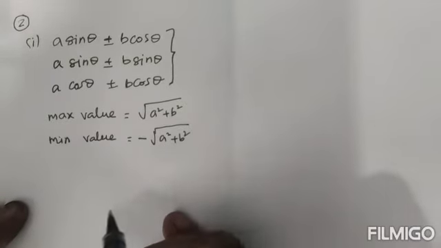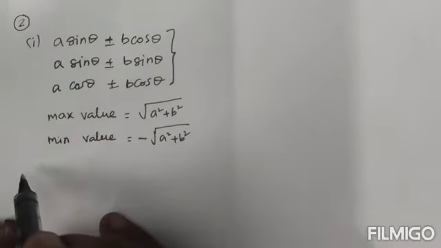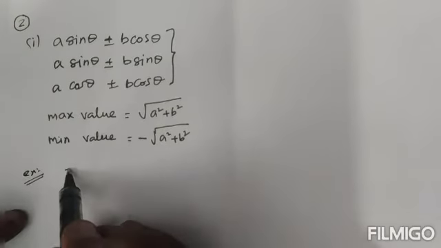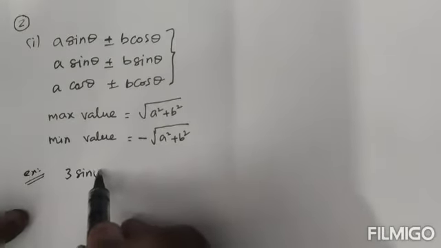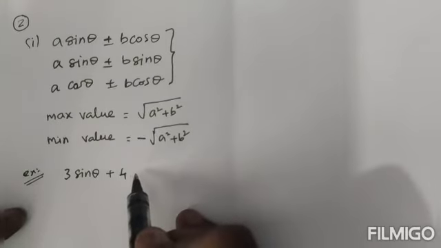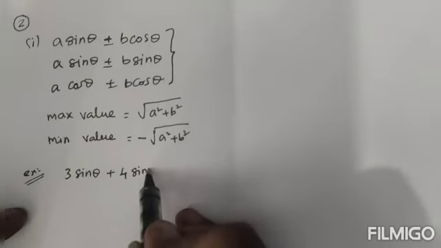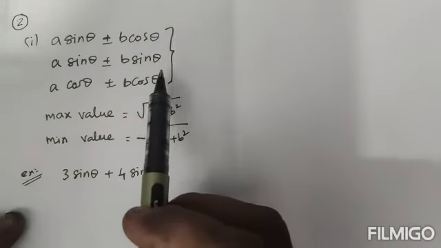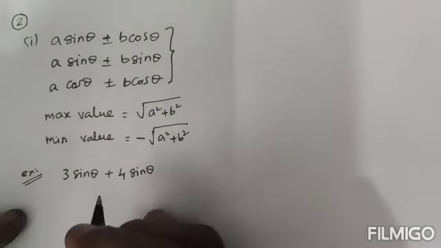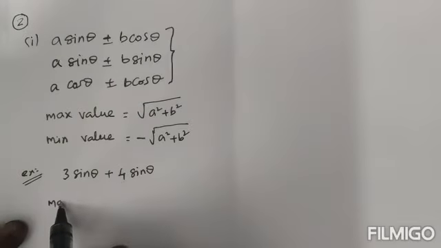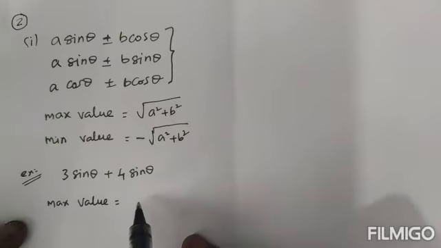Very simple. So I'll give one example for this model. For example, 3 sin theta plus 4 sin theta. So this is like the a sin theta plus or minus b sin theta model. Now how to find the maximum value?